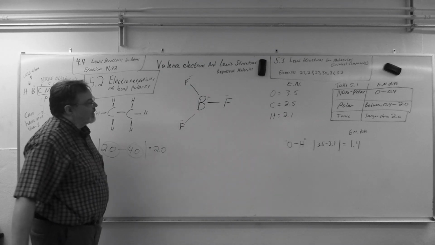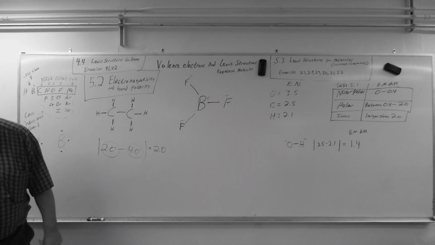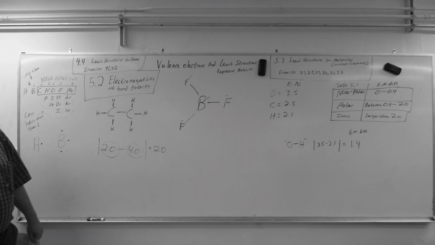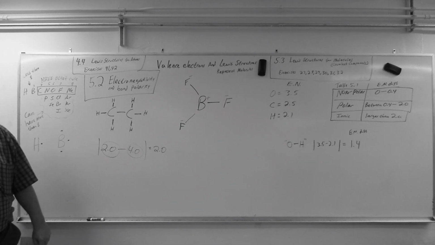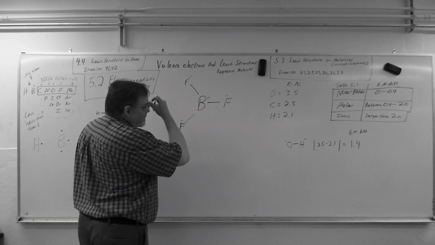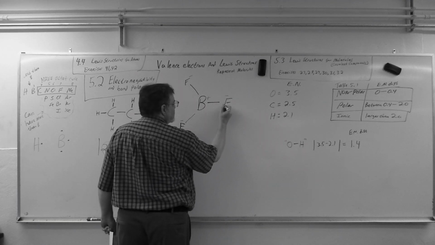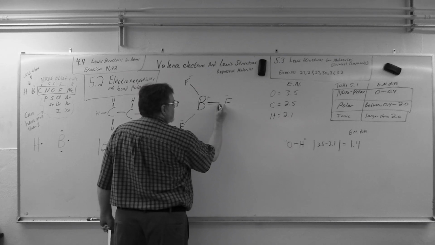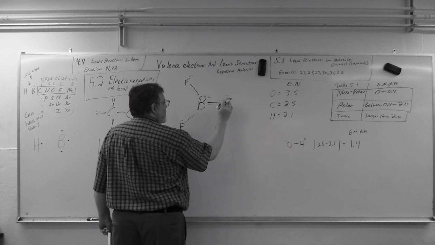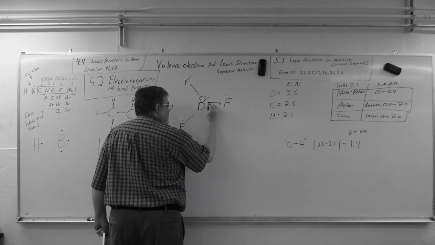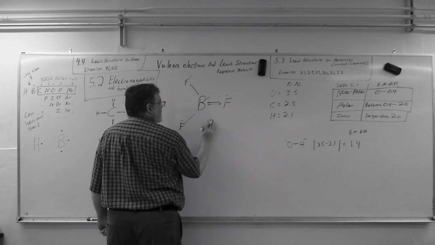So you could look at this molecule and go, it has polar bonds. These are very polar. Boron to fluorine is a very polar bond. And then you ask, is the molecule overall polar? And that's the weird thing. We sometimes represent these with arrows, like this. And the head of the arrow goes towards the negative side, and this side of the arrow gets sort of a plus sign on it.